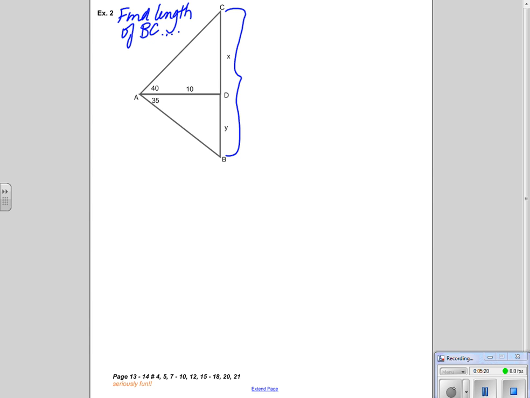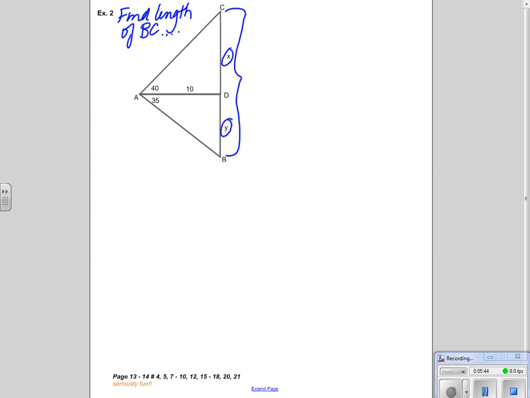Notice that the triangle ABC, which is where length BC is found, is not a right angle triangle. So at this point, and you know what's coming, we've only got right angle trig to work with. So we are going to split BC into two parts, y and x. Find them separately, add them together, and we'll have BC. So one part at a time.